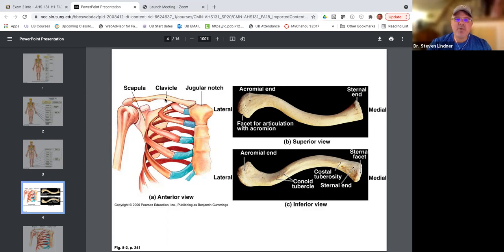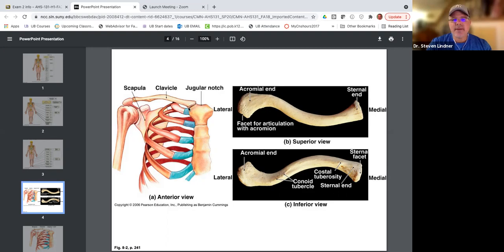Because if the clavicle wasn't there, the anterior muscles that go from the manubrium and ribs and attach to the coracoid process of the scapula, primarily pec minor, would pull the scapula to the anterior portion. So this clavicle acts as a strut bone.